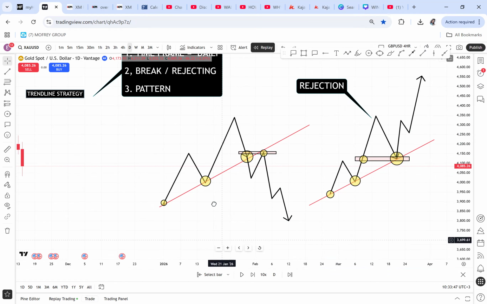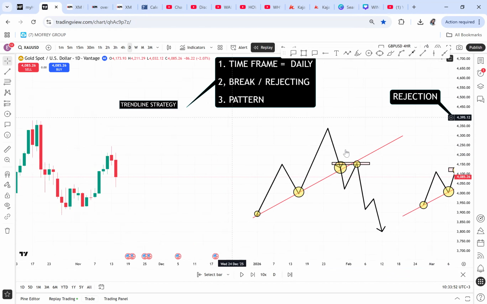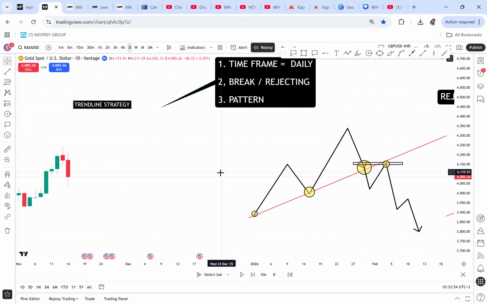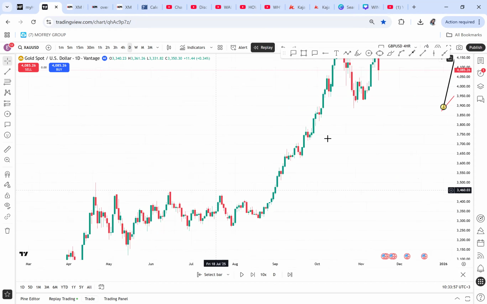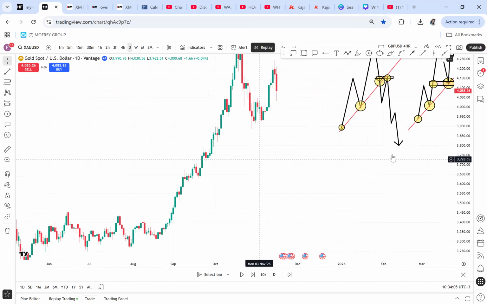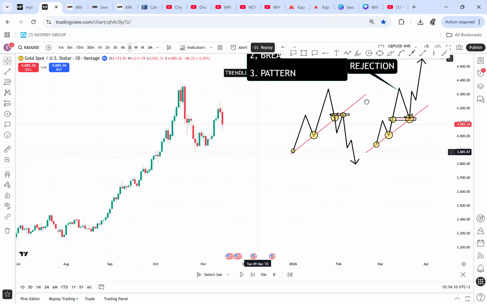Now, what you need to notice is that when you are drawing your trend line, you will look at whether the trend is an uptrend. If the trend is an uptrend, just spot where we have a double bottom. If the trend is a downtrend, spot where there is a double top. That is something that I keep saying when you're trading a trend line. Now, I want you to see this is an uptrend.